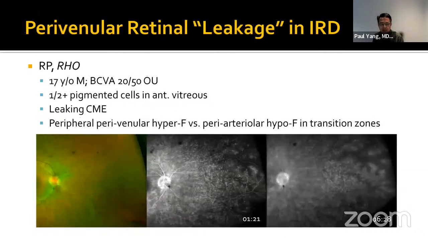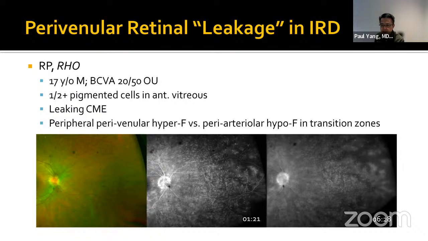Okay, so here's another patient, retinitis pigmentosa, also due to rhodopsin, 1/2+ pigmented cells in the anterior vitreous, also with leaking macular edema. But here we have the fluorescein angiography focused on the periphery. This is the nasal periphery.